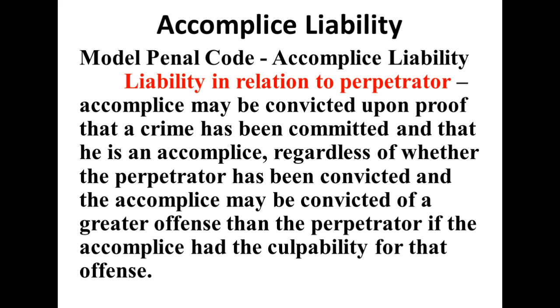And in addition, the accomplice may be convicted of a greater offense than the perpetrator if the accomplice had the culpability for that offense. So what the law looks to is, was there a perpetrator? Was there a principal that committed the crime? Even if the principal hasn't been caught, even if the principal cannot be identified.